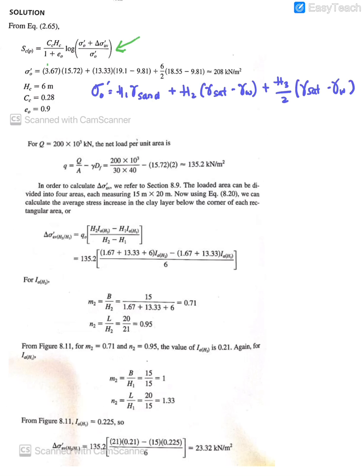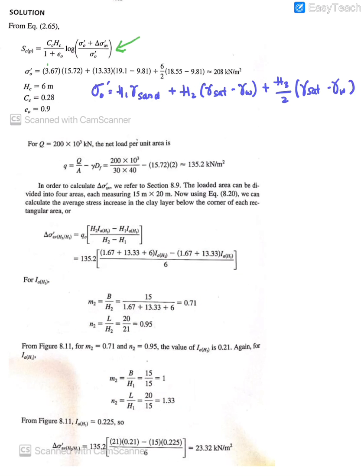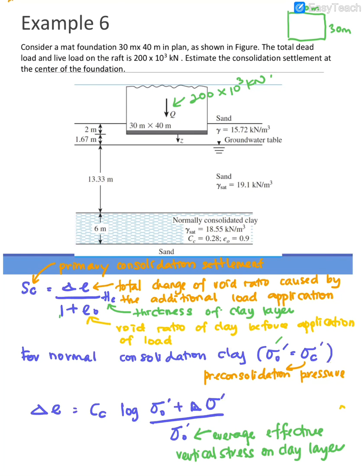So H1 is here, this one is H1, and then this is H2, and this one is H3.